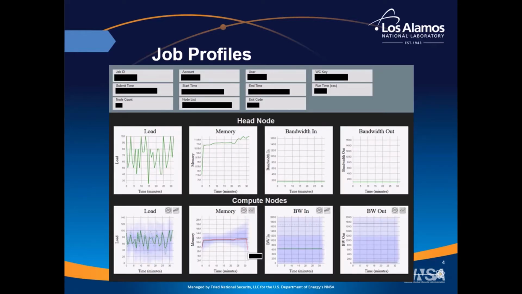So here's an example of how you could display a job's profile and its data through a web page. At the top of the page we have some of the top level job attributes, and then we've decided to separate out the head node series from the compute nodes, with the first four graphs showing different metrics across time for the head node.